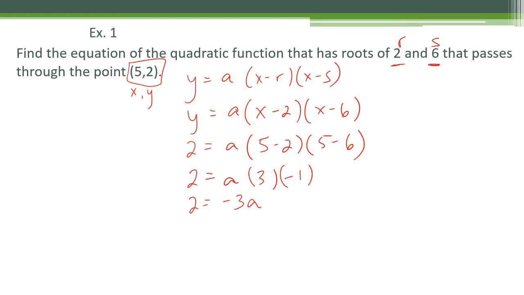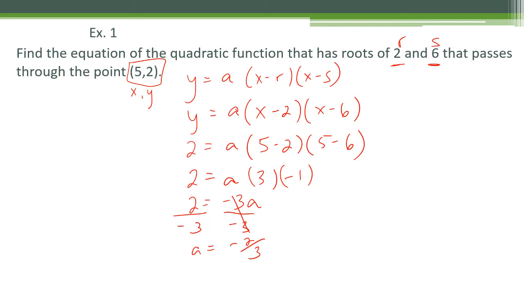I just wrote the negative 3 as the coefficient on the front. It's how we're used to seeing it, and there's nothing wrong with writing a times negative 3, but sometimes people make mistakes when they see it like that. Divide both sides by negative 3. a equals negative 2/3. For sure, don't make that a decimal. We're going to keep that as a fraction.